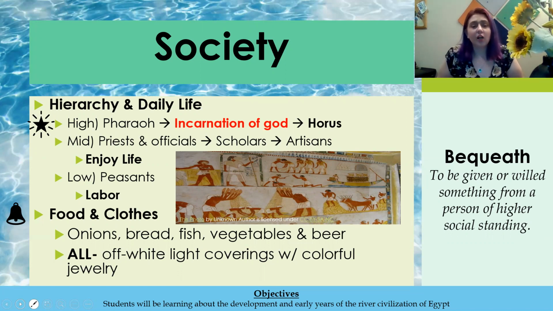For the most part, these higher and middle people lived luxurious lives. They had parties, went to festivals, lazed around all day, played board games, floated on the river, and went swimming. They were all about having a relaxed time, enjoying their life.